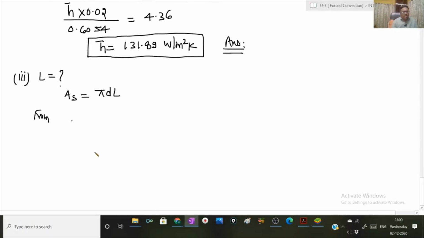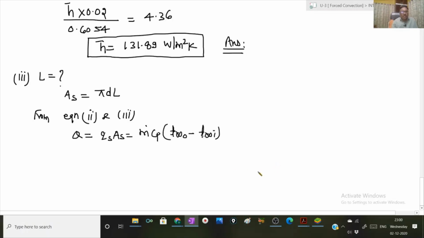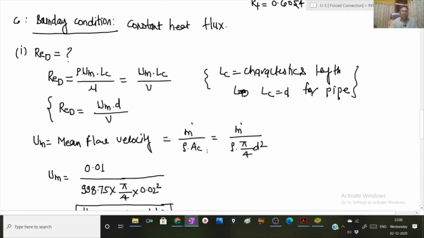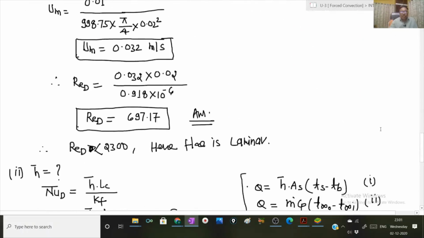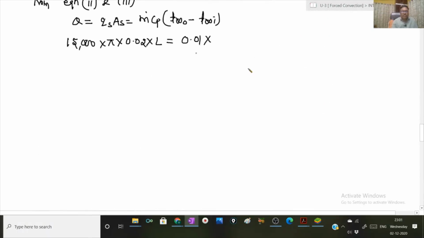So from this discussion, I can write from equations 2 and 3: Qs times As equals m dot Cp (T infinity o minus T infinity i), where Qs is 15,000, As is pi times D, D is 0.02, length is to be calculated, mass flow rate is 0.01, and Cp I have to refer from thermophysical properties, it is 4178 for water at 25 degrees Celsius reference temperature.